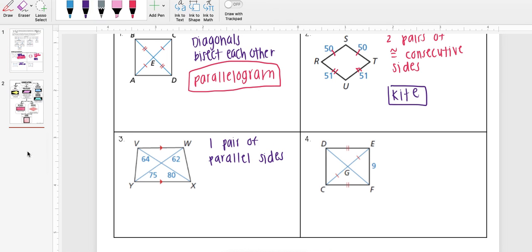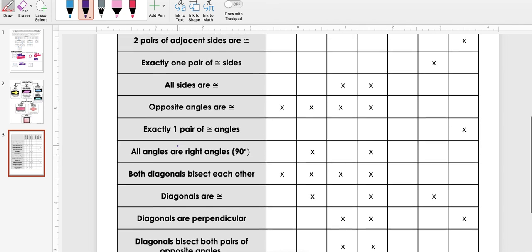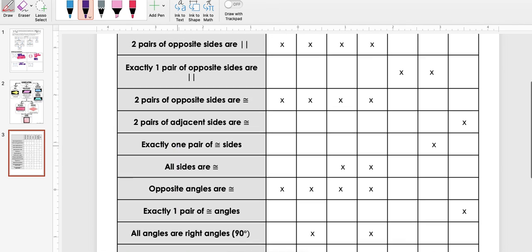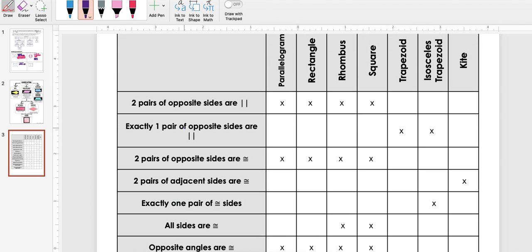For this example, I'll go ahead and use this chart so we can look at it for a different way. So I'm looking for the 1 pair of opposite sides are parallel, and I see that's here. So the only 2 shapes that have that property are my trapezoid and isosceles trapezoid. So I need to figure out which one it is.